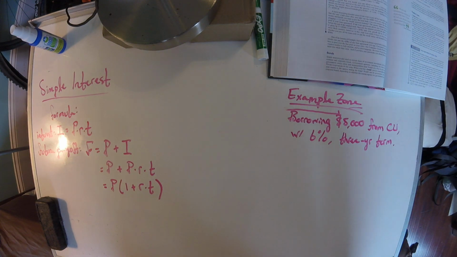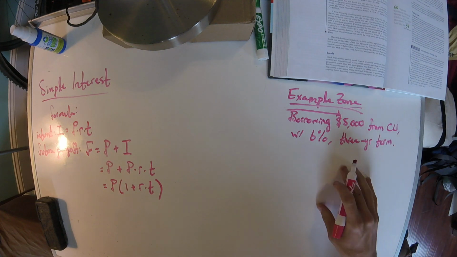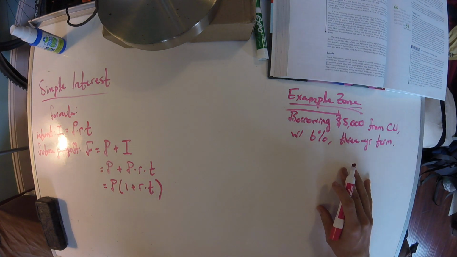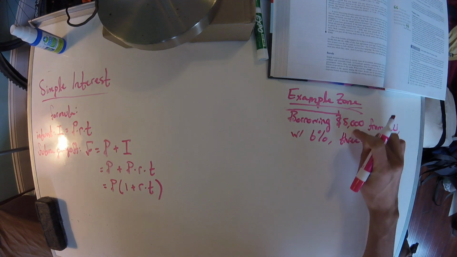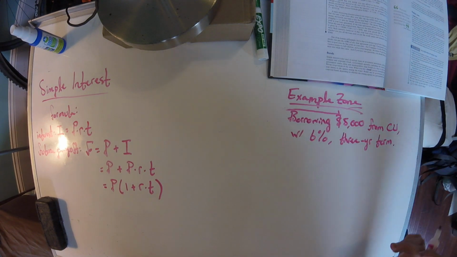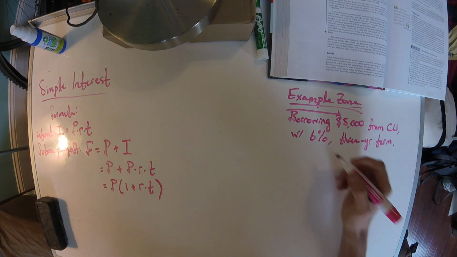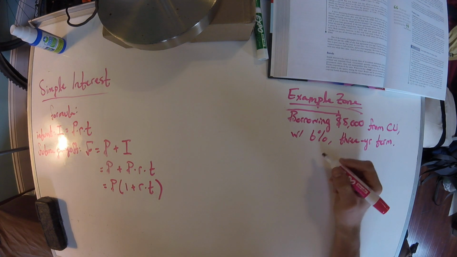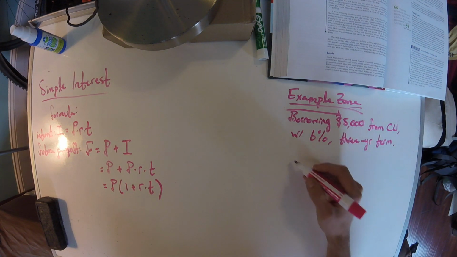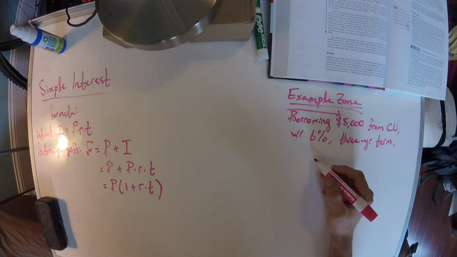So first of all, let's just try to figure out the amount of money that we would owe at the end of the 3-year term, having borrowed $5,000 from the credit union at this interest rate of 6%. So we need to define things here.